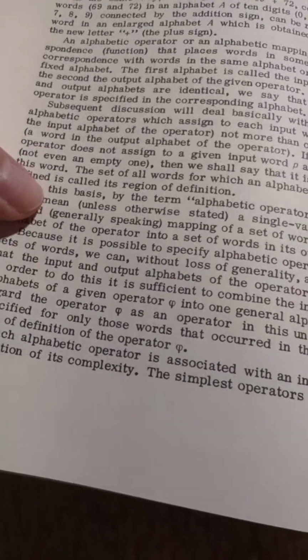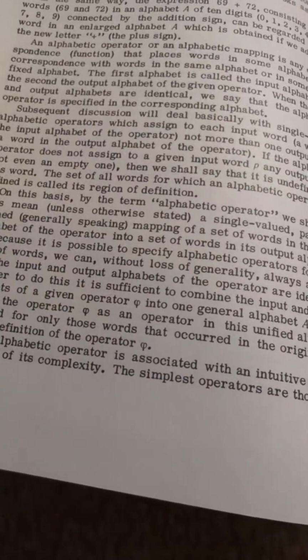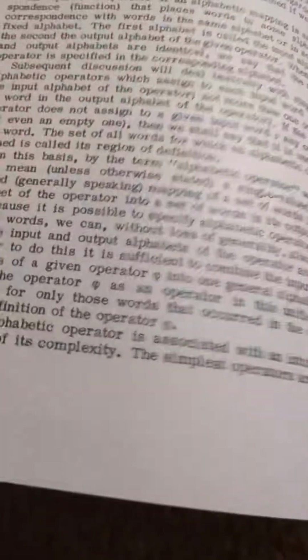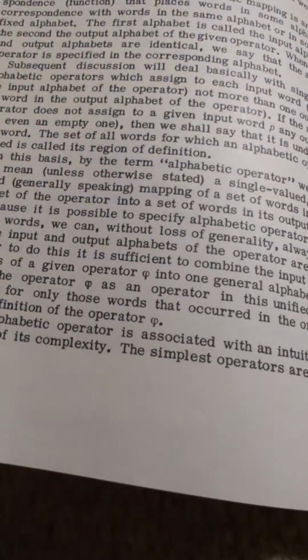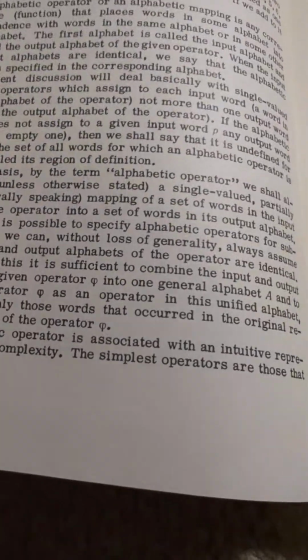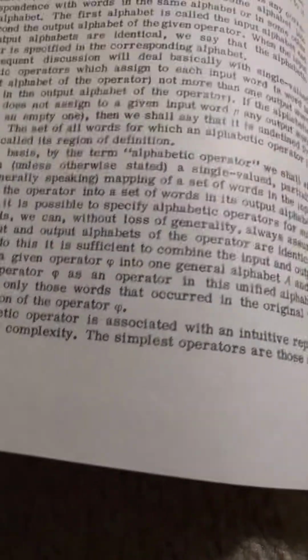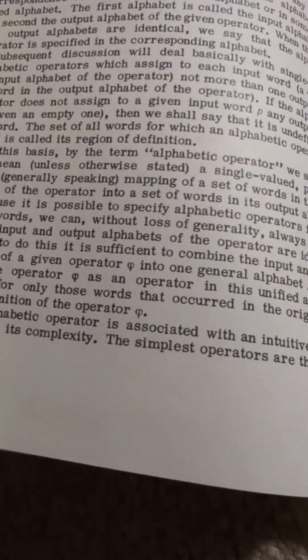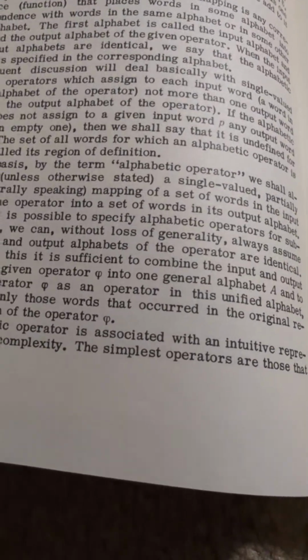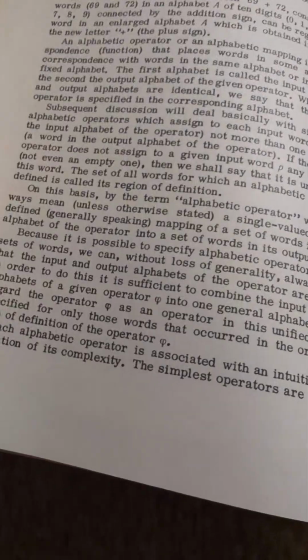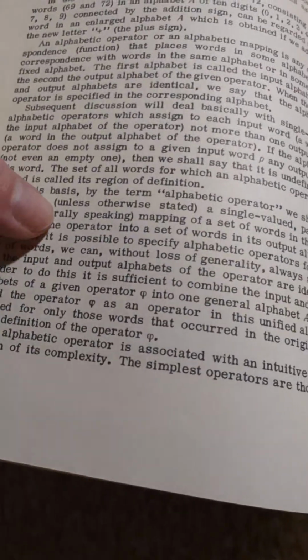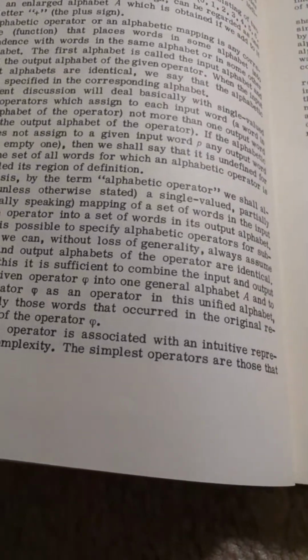Because it is possible to specify alphabetic operators for subsets of words, we can, without loss of generality, always assume that the input and output alphabets of the operator are identical. In order to do this, it is sufficient to combine the input and output alphabets of a given operator.